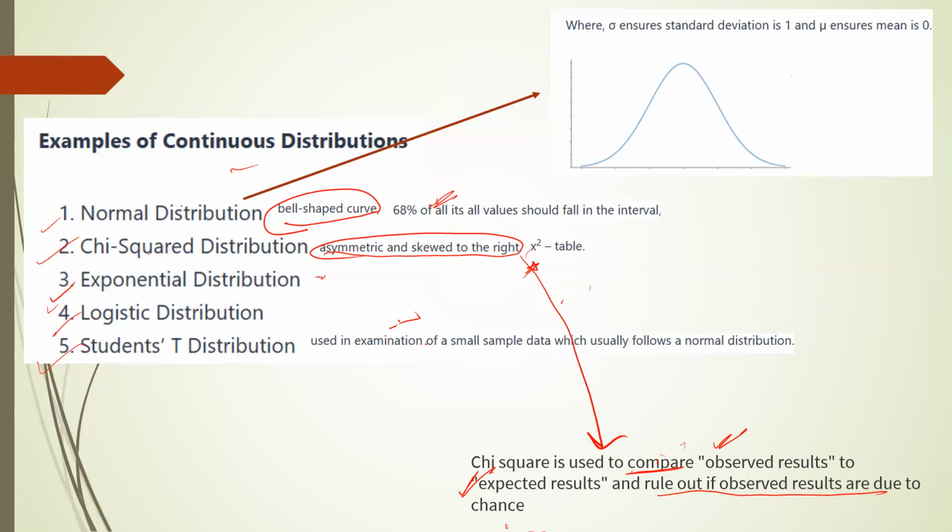Also, whenever you need to examine a small sample of data, you use the student's t distribution. Even student's t distribution has the features of a normal distribution, but it is over a small sample. Clear?